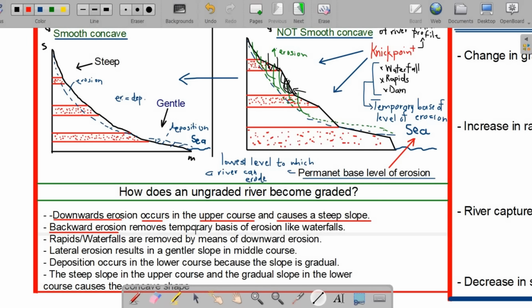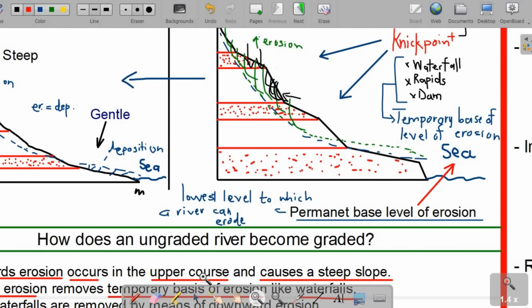Backwards erosion removes these temporary base levels of erosion, or nick points, like waterfalls, rapids and so on. You remove that through headward erosion, a river eroding backwards towards its headwaters, towards the source, removing this material as it goes backwards.